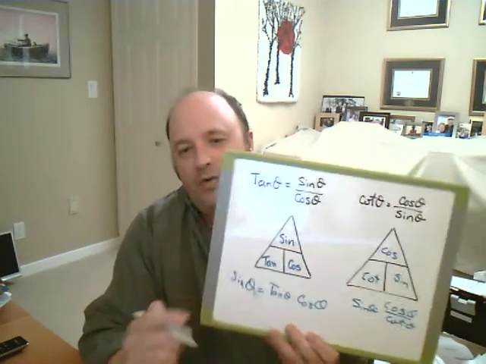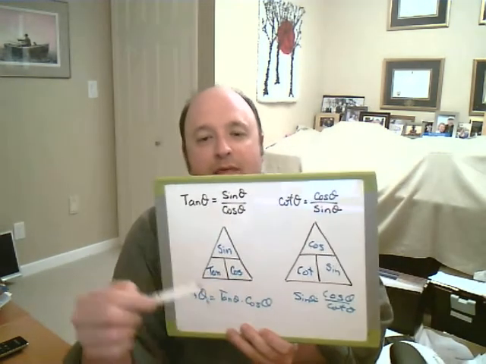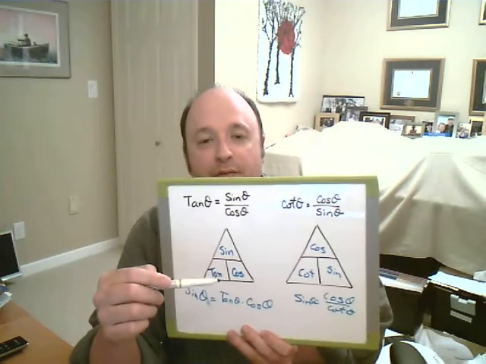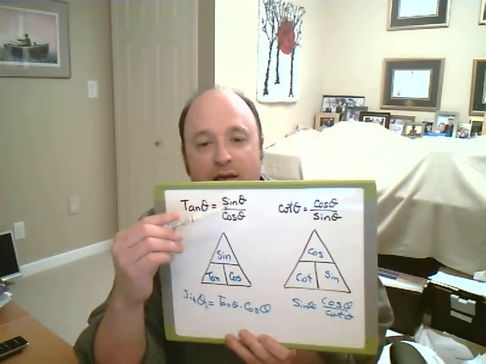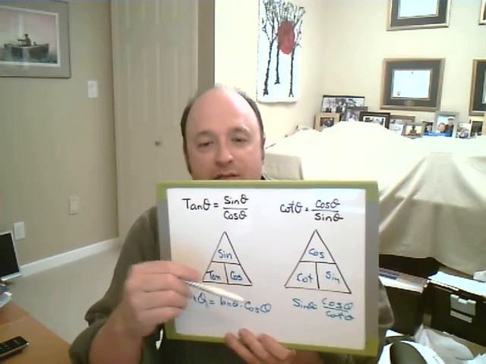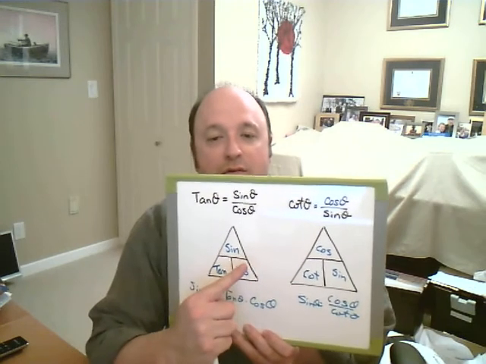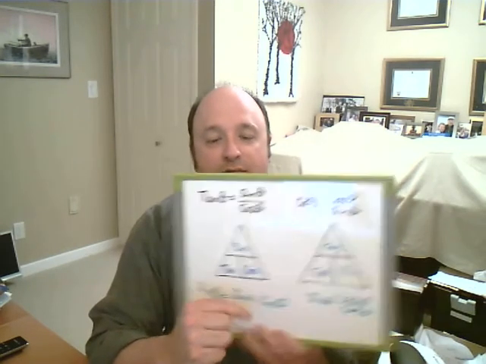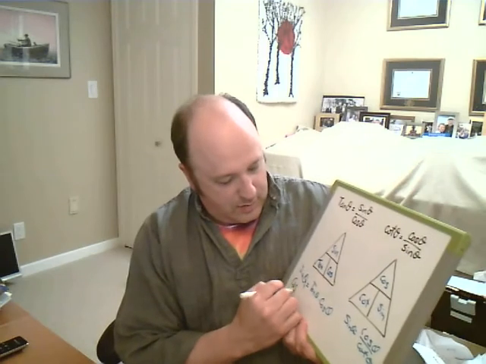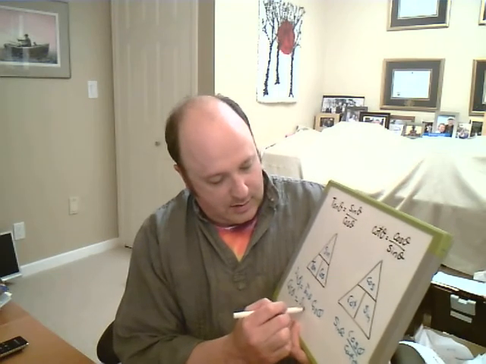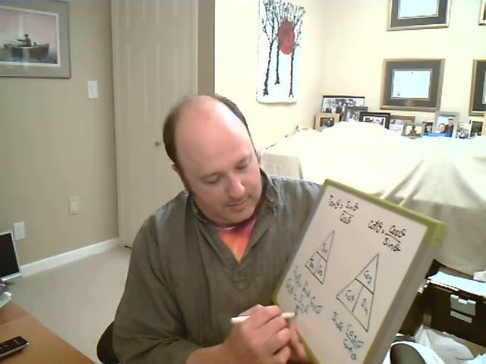So for each triangle, I can make 3 different formulas, right? I can make tangent is sine over cos, sine is tangent times cos, or cosine is sine divided by tangent. Cos theta is sine theta divided by tangent theta.